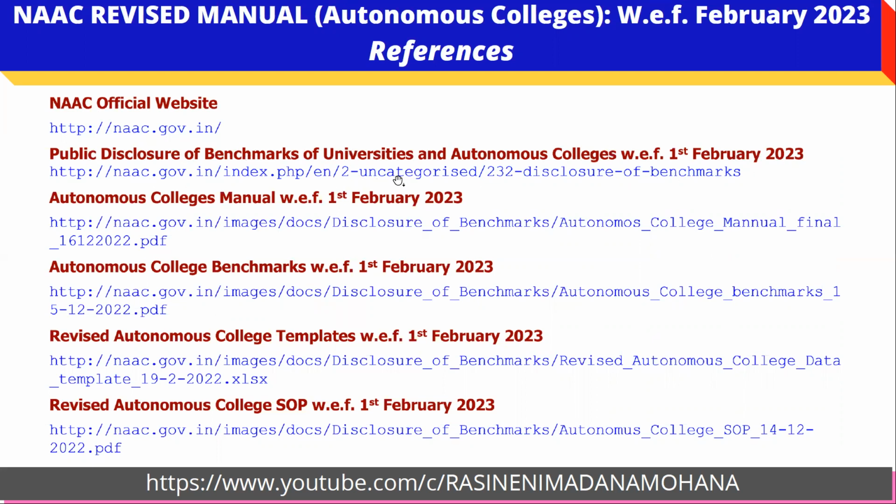This is the link given here. Then autonomous college manual link is given here. Then autonomous college benchmarks link is given here. Then revised autonomous college data templates link is given here. Then revised autonomous college standard operating procedure link is given here. All these links as per the revised manual for autonomous college, which will be commenced from 1st February 2023.